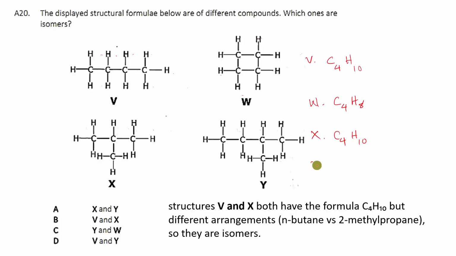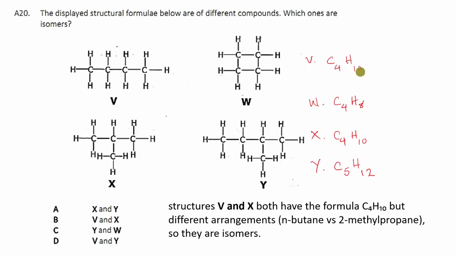Then we'll go to Y. How many carbon? 1, 2, 3, 4, 5. 5. How many H? 1 to 12. 12. So now, isomers are organic compounds which have the same molecular formula but different structural formula.